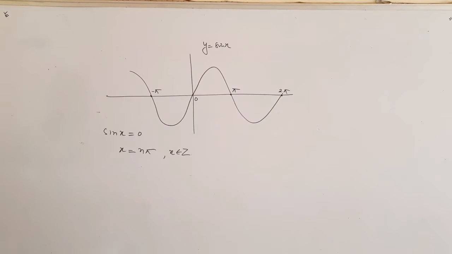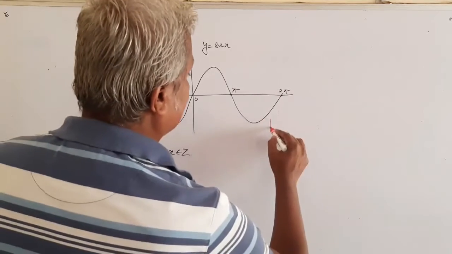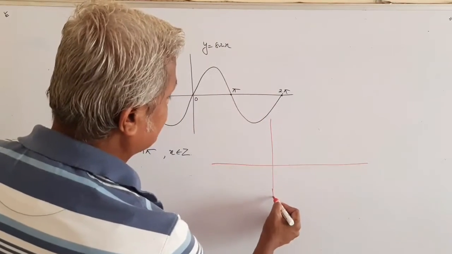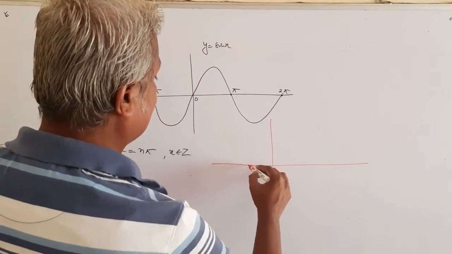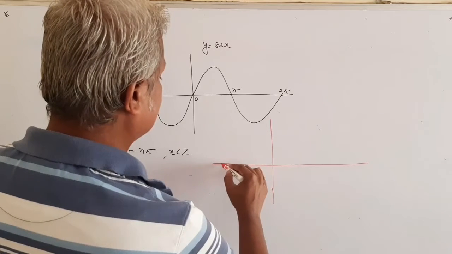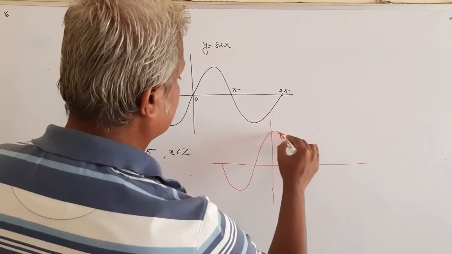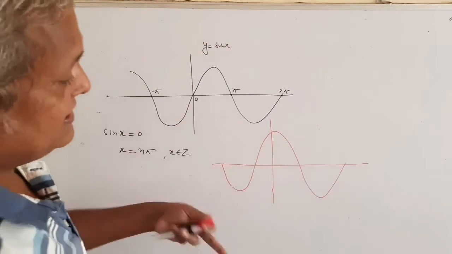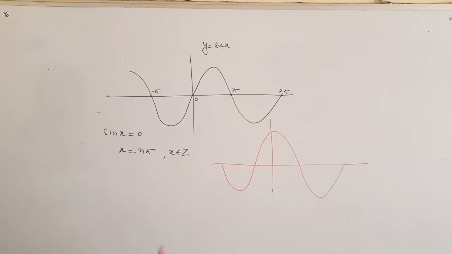In the same way, for the cosine, we find where the cosine is 0. The cosine graph goes like this. It is a little shifted, but that is a manual mistake; it should be symmetric.